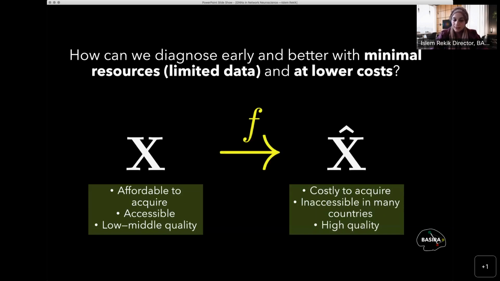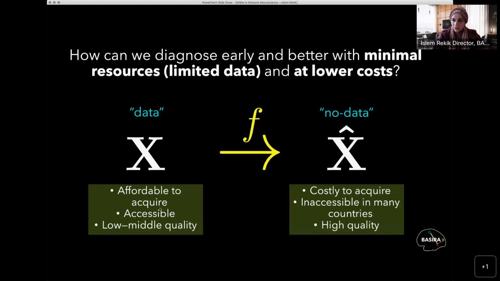So basically what we want to do is use AI, machine learning, and deep learning models that we will design and innovate in order to map this low quality data to the data that we want to have. So if a particular hospital in the world has only limited resources, here when we say limited, we still need to start from a particular imaging modality.